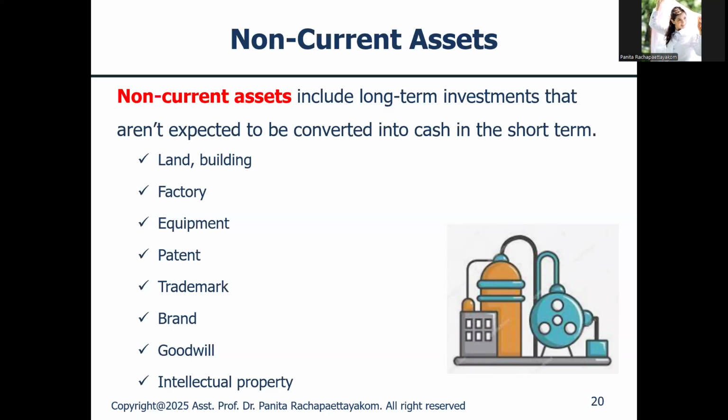Examples of non-current or fixed assets are land, buildings, factory, equipment, patents, trademarks, brand, goodwill, and intellectual property. At this point, we have completed the assets, current and non-current.